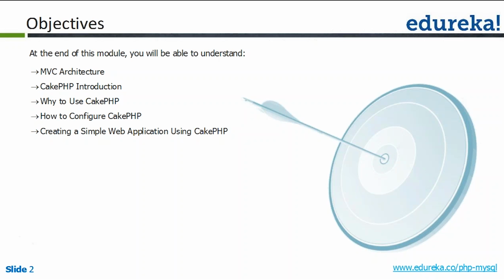Later on, the PHP developers realized that there should be some structure to follow, so that there is some division between various types of code. We can write HTML code separately, PHP code separately, and database queries separately, and we can make different classes for them, and later make them interact with each other.